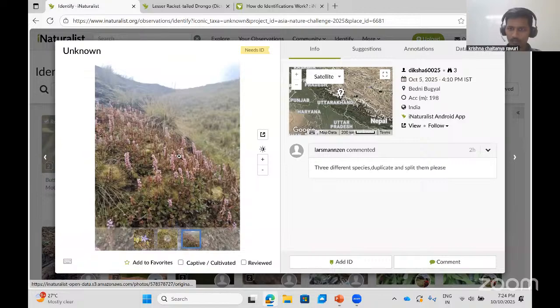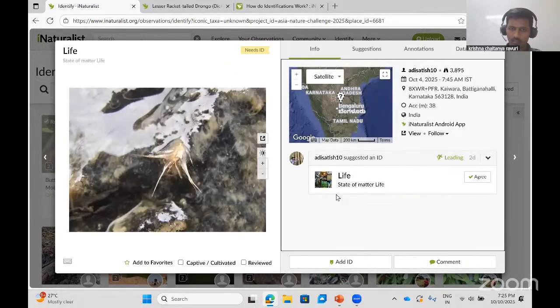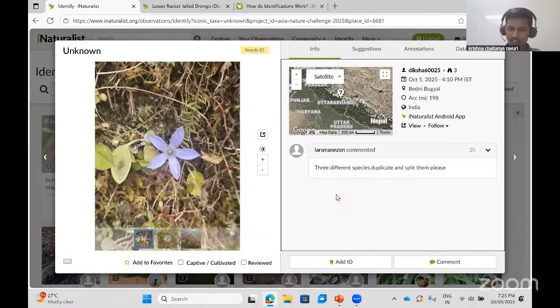But they were all put together, which shouldn't be the case. So you can leave comments like these so that the user can come back and split them into multiple observations. And here it's best to not provide an ID at this point because there are multiple species in this one.